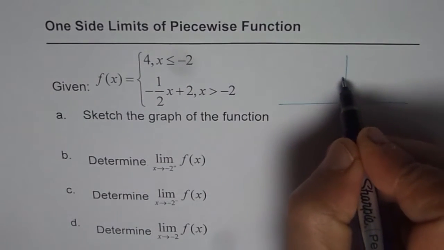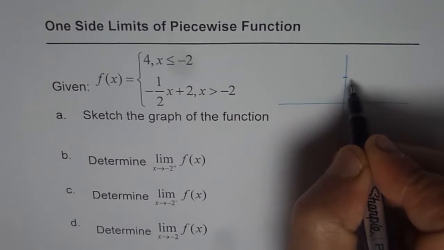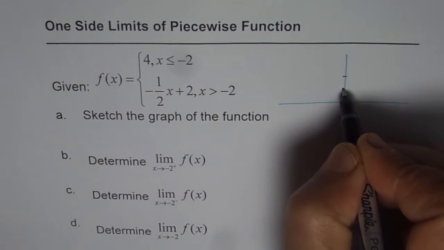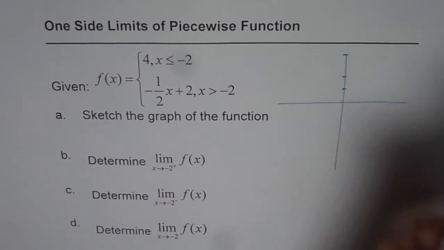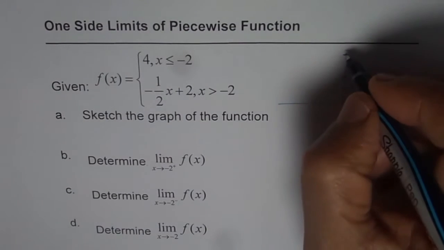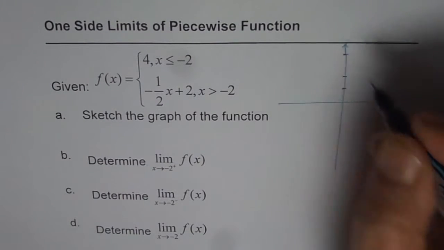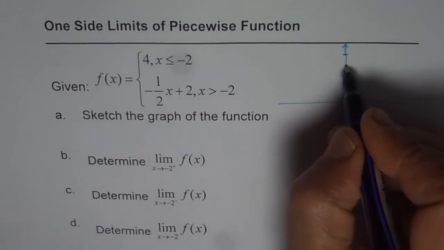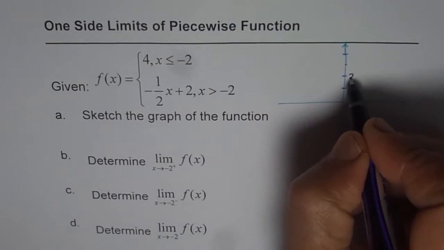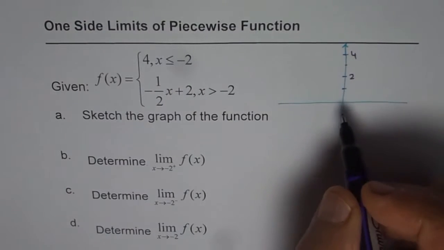So let us say this is our scale, this is 2 for us, this is 1 for us, and so this becomes 4 in that case. Let me just extend this a bit more. So this is 3, this is 2 for us and that is 4 for us.